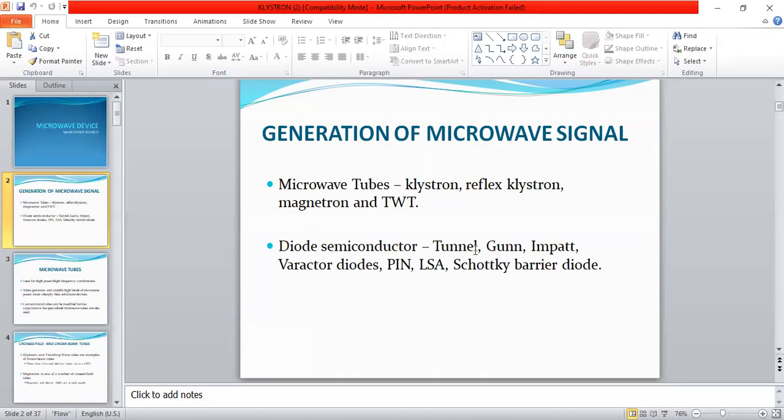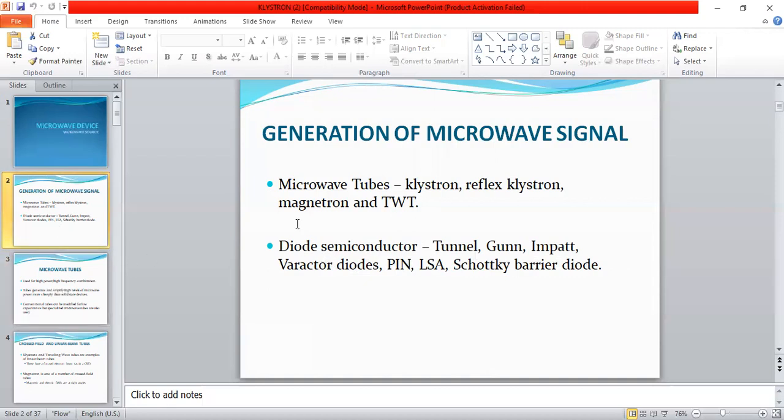And tunnel diode, gun diode, impact, varactor diode, spin diode, limited space charge accumulation diode, Schottky barrier diode, all these come under semiconductor technology. So these two types of microwave sources will generate microwave signals as well as will amplify the microwave signals up to the high level of power.